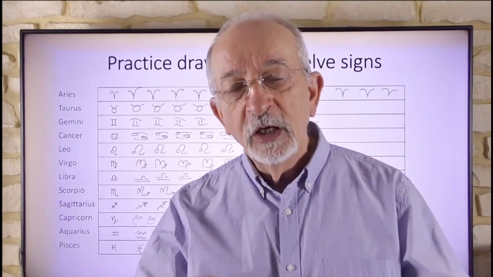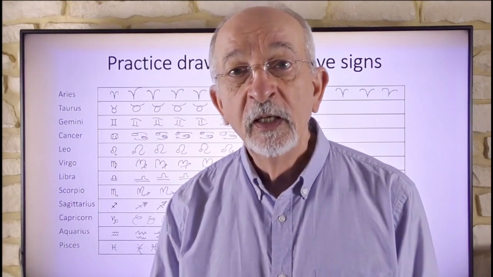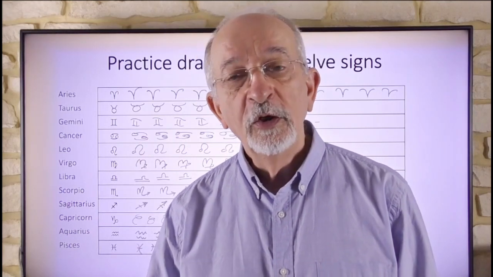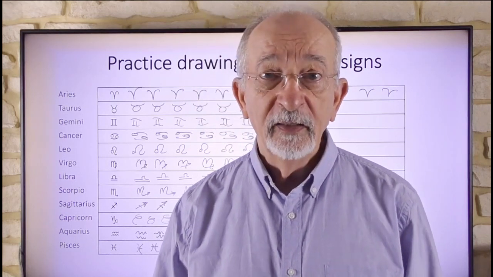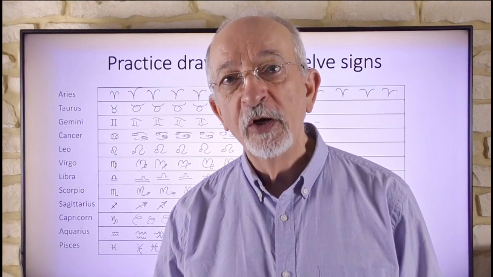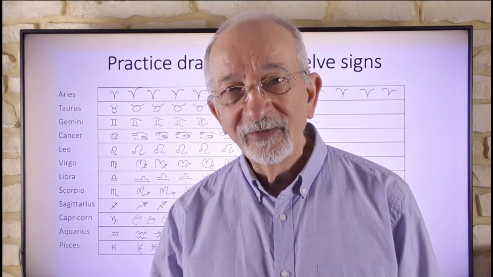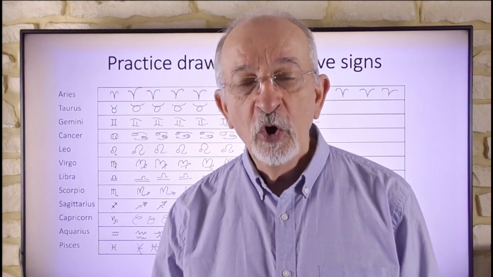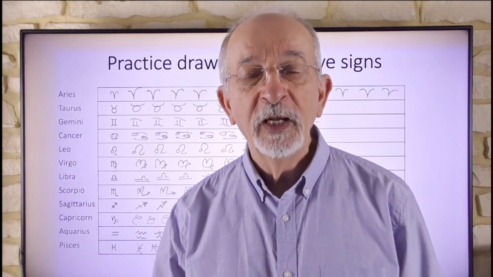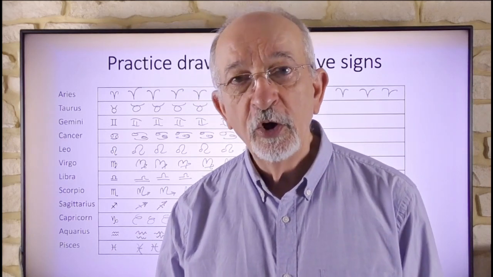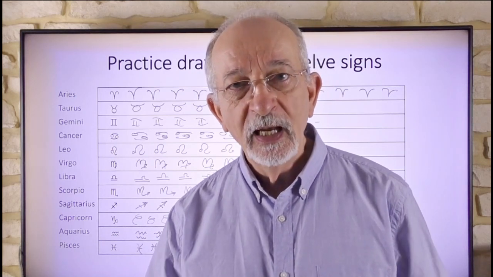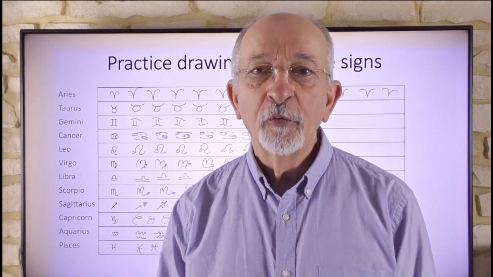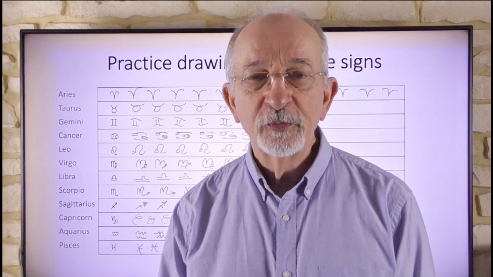And once you get used to that sequence, then you can relate to the signs much quicker. And that will be very useful when you analyze a chart, because that's the basis. It's like learning how to play the piano. You need to learn the scales. And once you master the scales, then you can really begin playing the instrument.